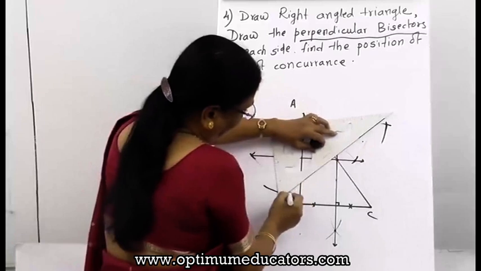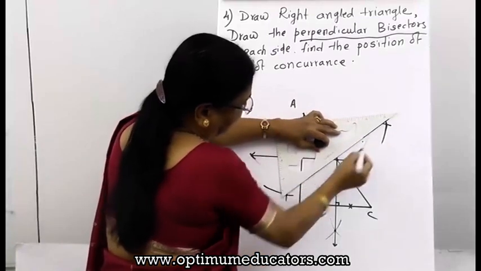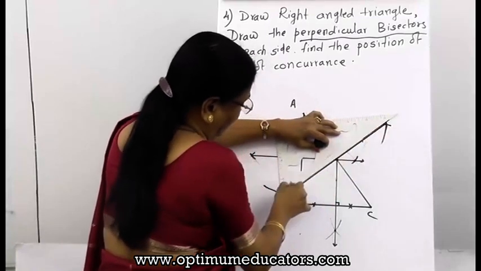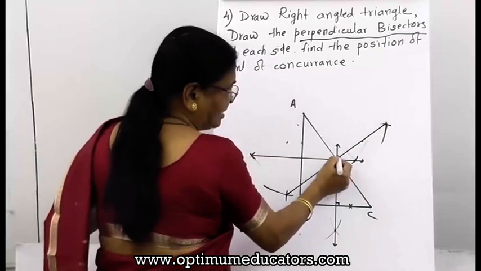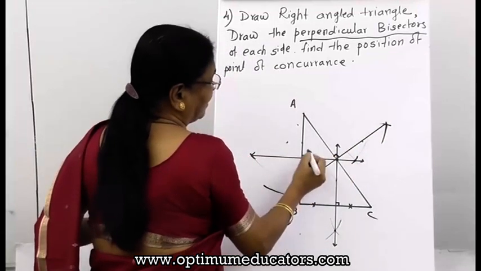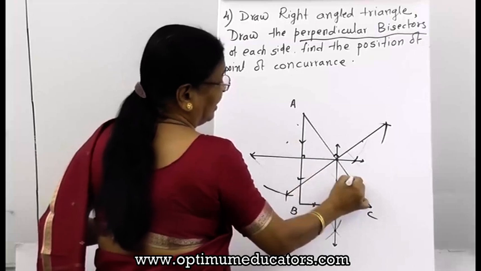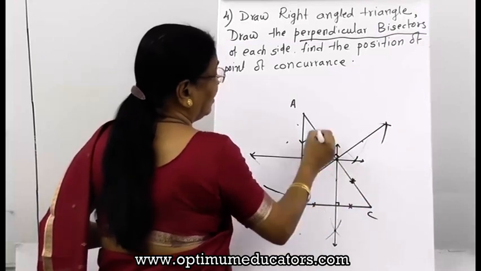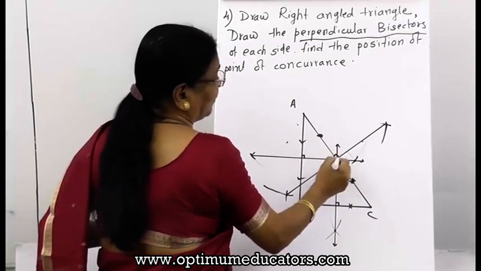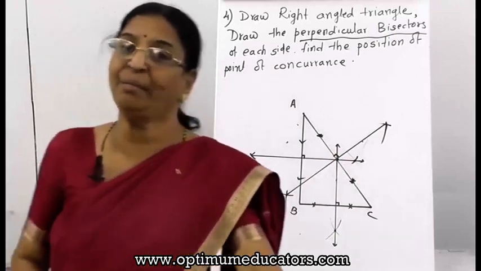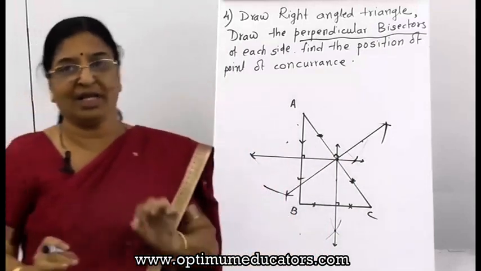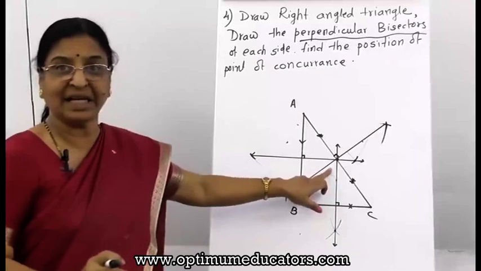So now this is the third perpendicular bisector, and this is again the perpendicular bisector of all three sides. Where are they intersecting?